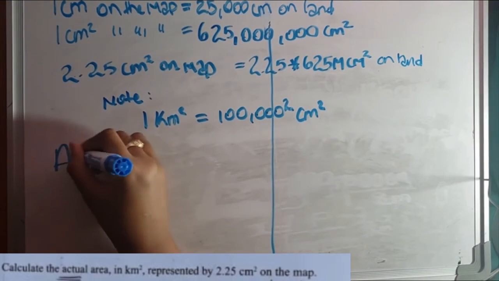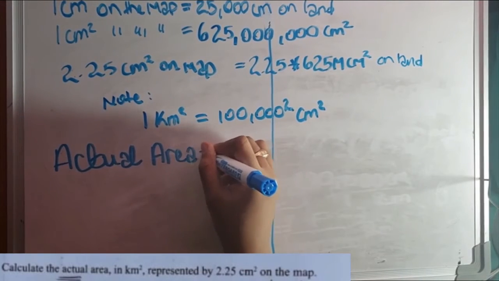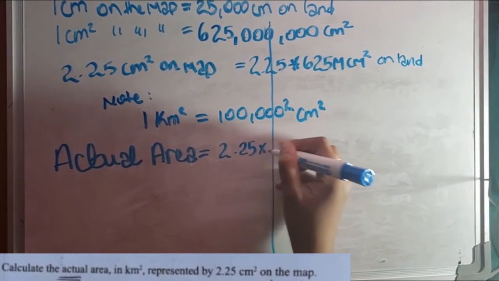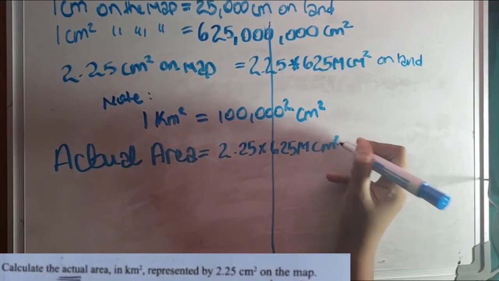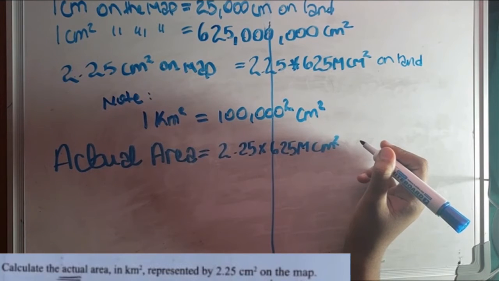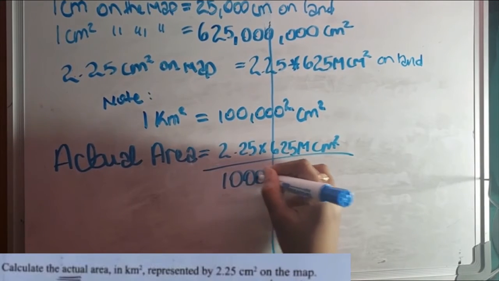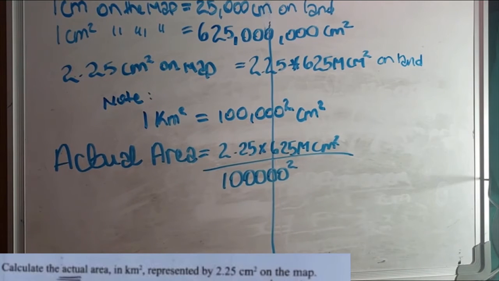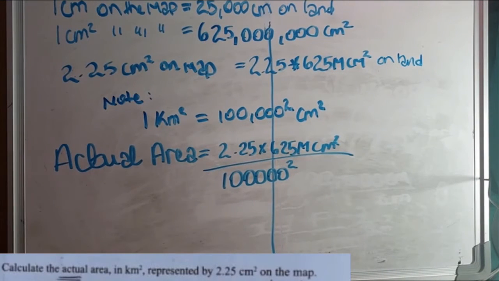And the actual area is now this 2.25 times 625 million centimeters squared, all over 100,000 squared. So let's just take a few steps back and look at what we've done. We said that 1 centimeter on the map is equal to 25,000 centimeters on land.